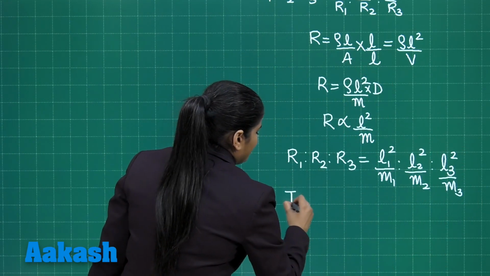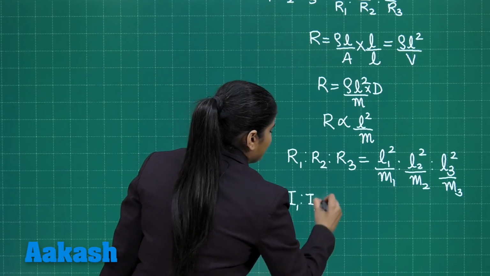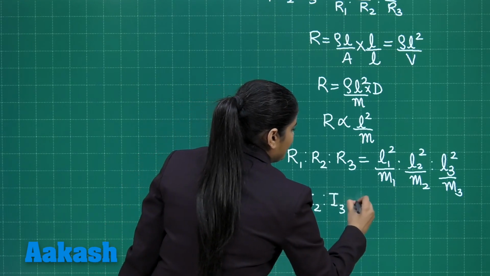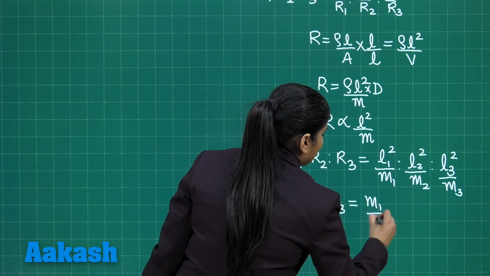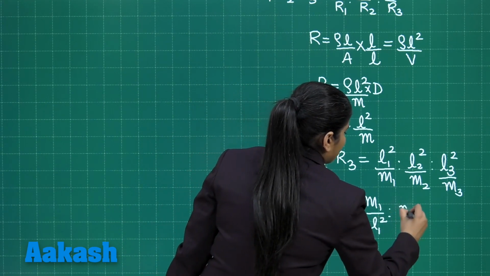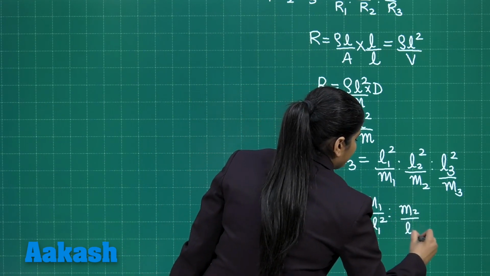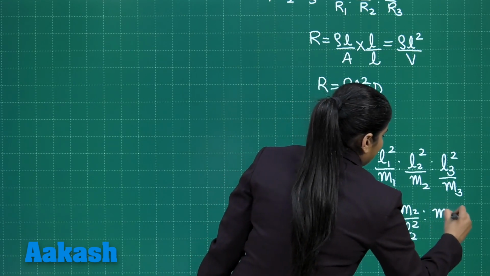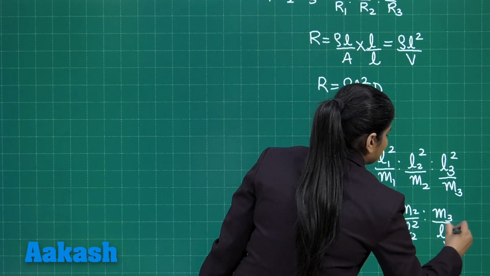What was the ratio of the current? That was the reciprocal of R. So that will be M1 upon L1 square is to M2 upon L2 square is to M3 upon L3 square.